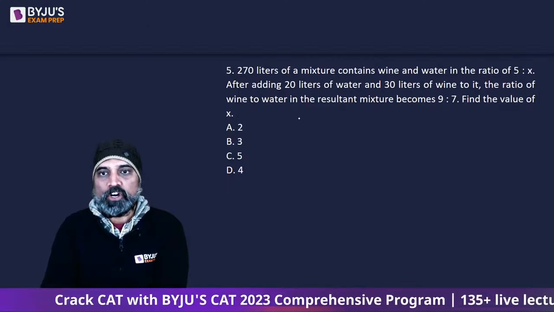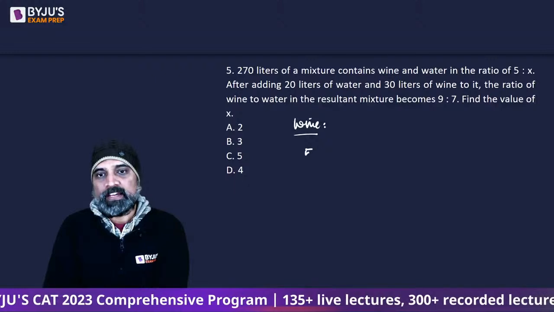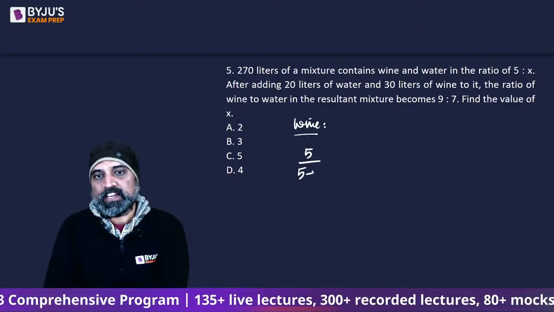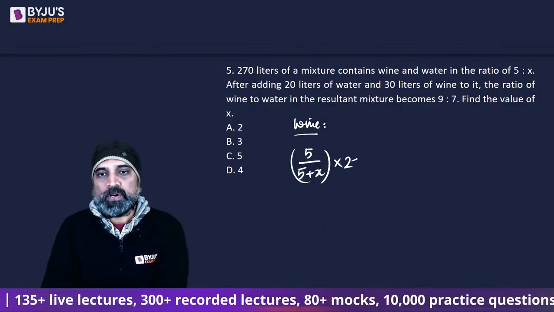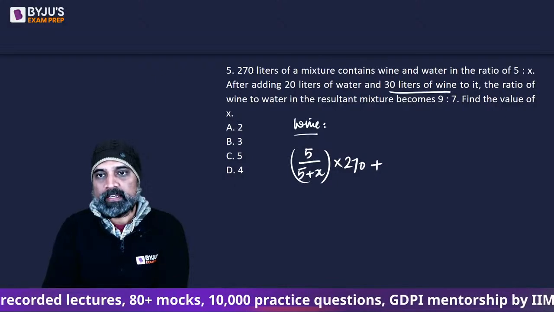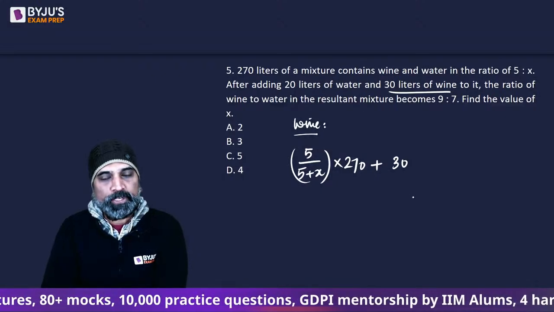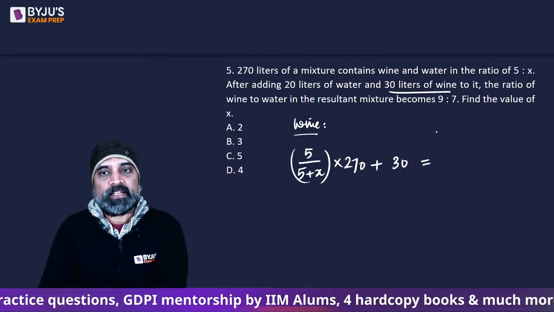So if we talk about how much wine we have, the amount of wine we have is 5 by 5 plus x, right? Out of 270 liters. Then 30 liters of wine is put in, right? So this becomes the total wine.